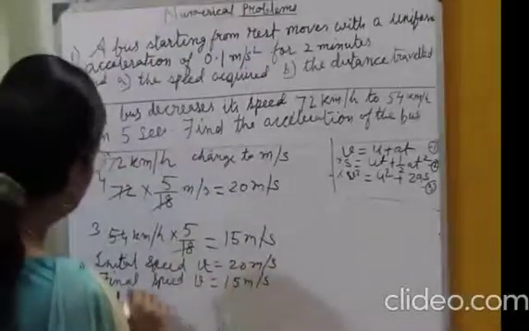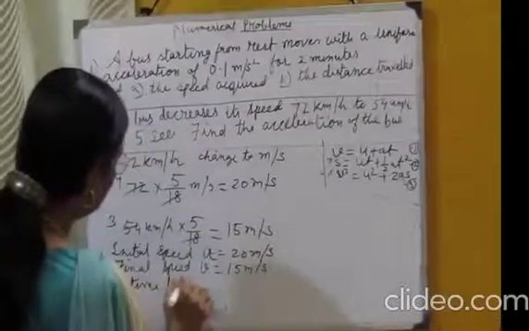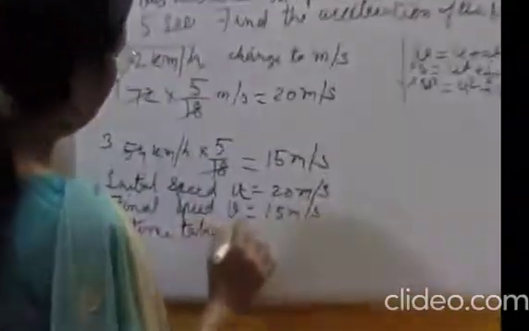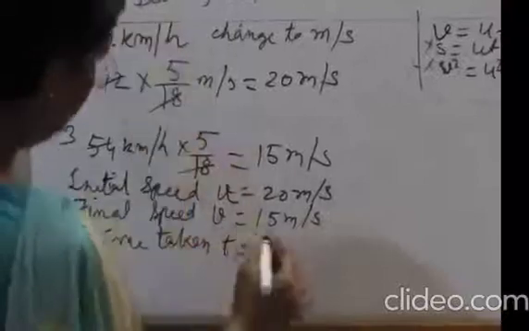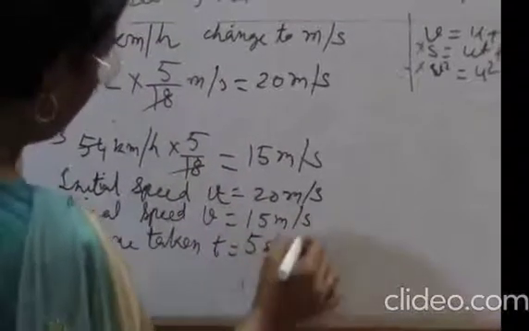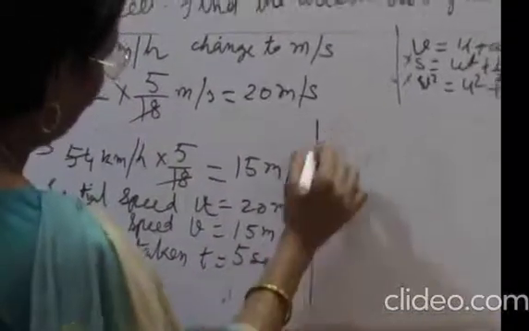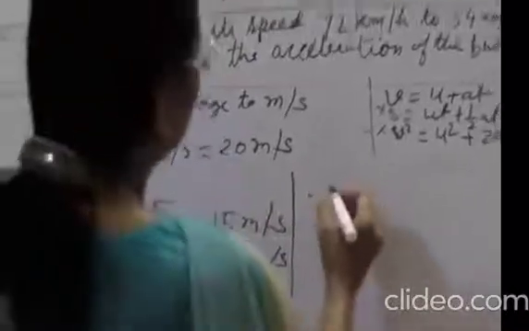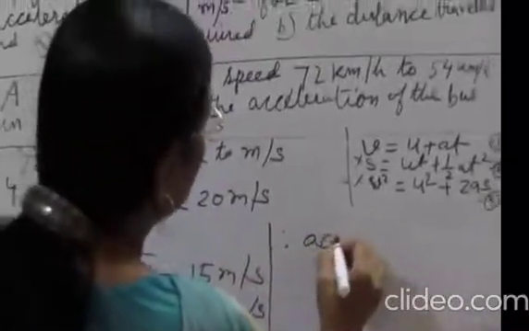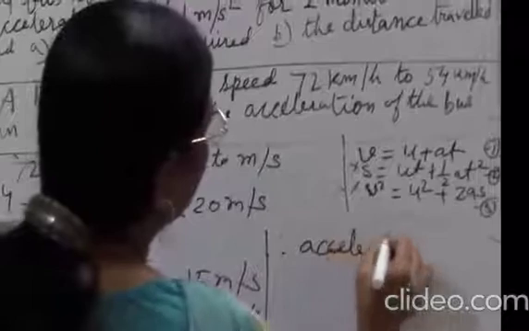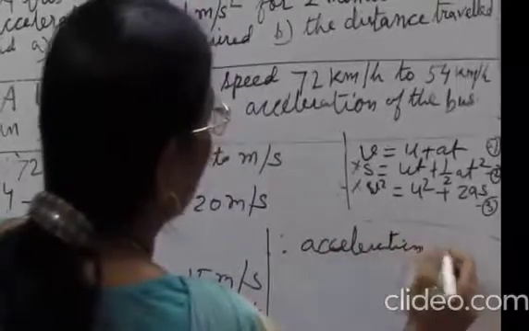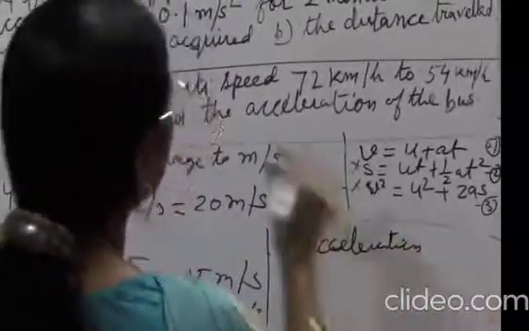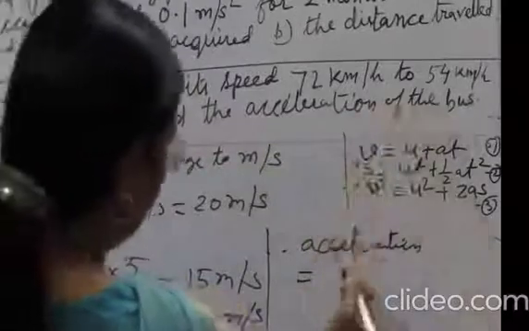Time taken T equals 5 seconds. Therefore, acceleration equals, find the acceleration of the bus.